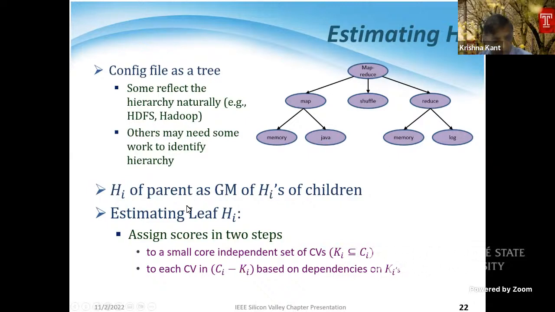To take care of the dependencies, we find a core set which is most relevant, and they are largely independent. Then we assign the health parameter to those, and derive the health parameter for the others based upon the dependencies, or rather the known dependencies. There might be some unknown dependencies.